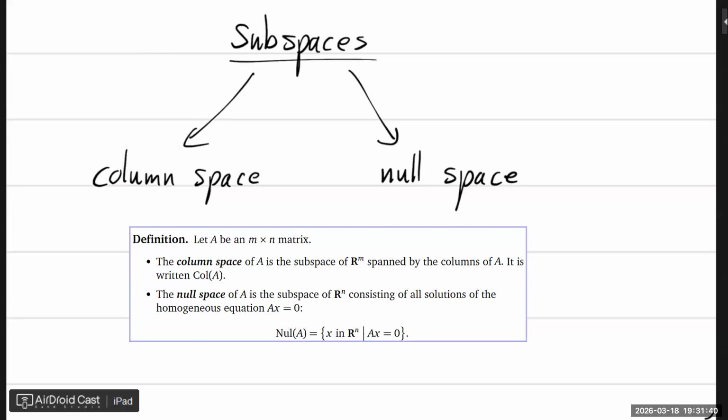For a column space, it's not necessary to do a lot of calculations, and you'll see now. Let's do one example, then you'll see.